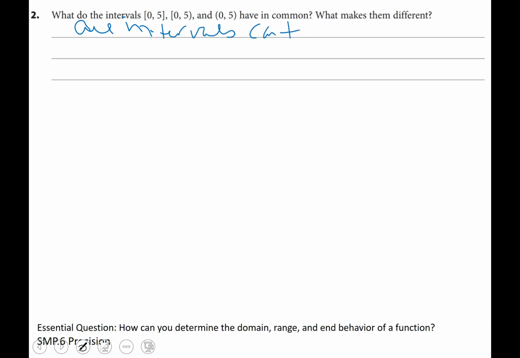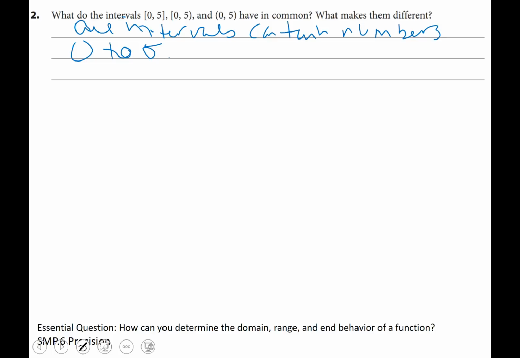contain numbers 0 to 5. But it just depends on what's included and what's not.